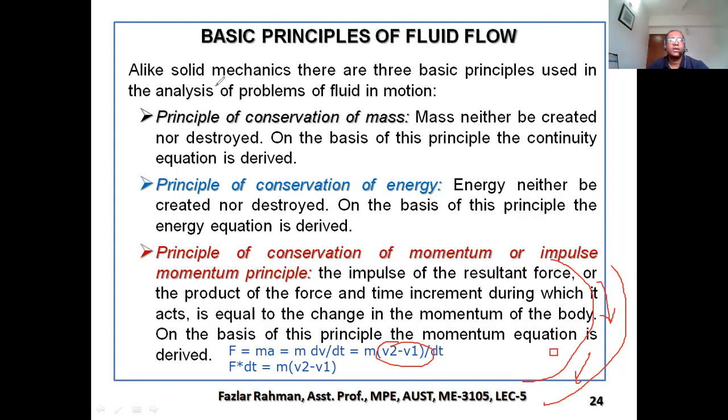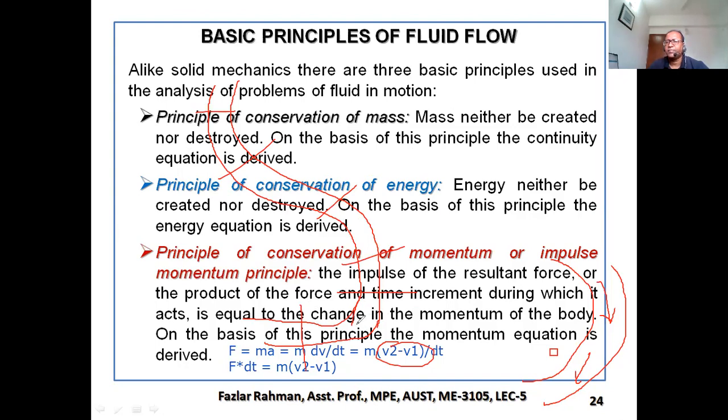For example, you work for Dhaka City Corporation as a mechanical engineer, and you design a water line that bends this way. Right over here, the change of momentum will be high. If there is any 90-degree turn of the pipeline, there will also be a high change of momentum.